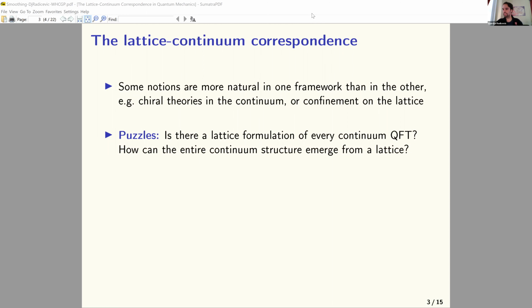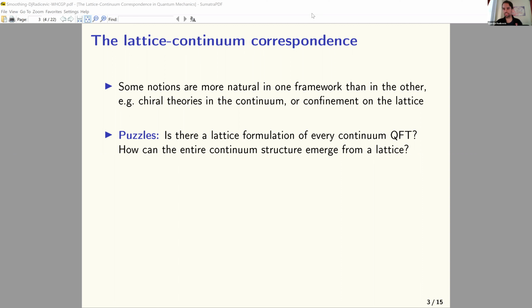But even in cases where we do understand how individual correlation functions of a continuum theory arise from a lattice, like for instance in StatMech models in 1+1 dimension and so on, it's still difficult to understand how the entire continuum structure of a continuum QFT emerges from the lattice, because there's more to a continuum theory than just a few correlation functions.